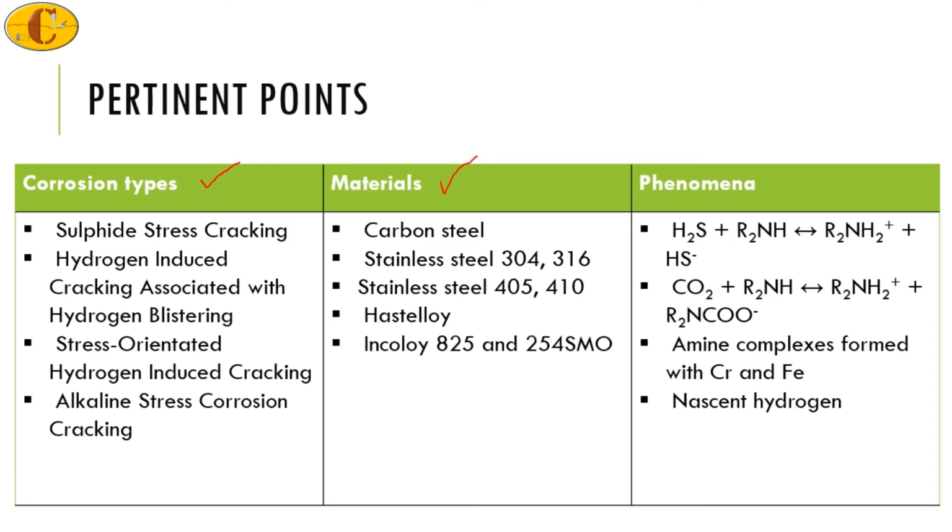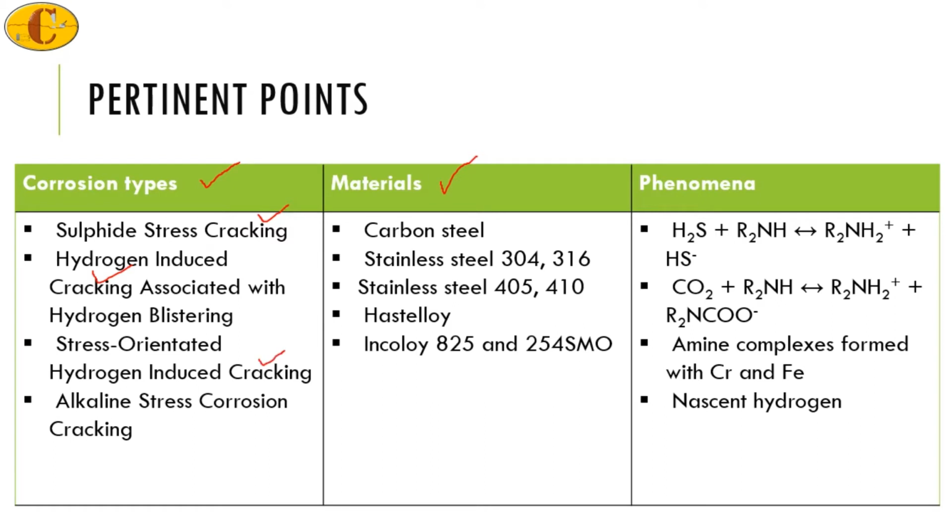The corrosion types which are usually seen are sulfide stress cracking, hydrogen induced cracking, or alkaline stress cracking. So the key word here is cracking. It is this word that actually dictates the material selection.